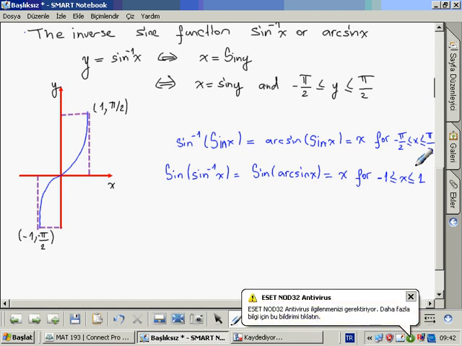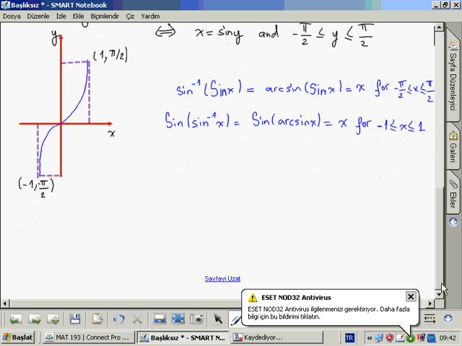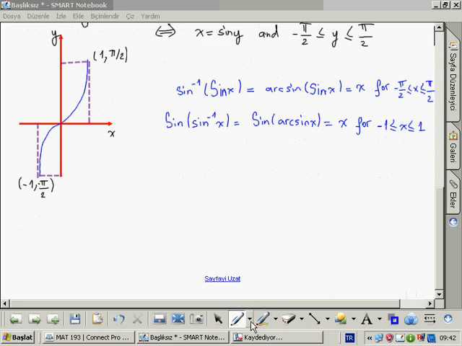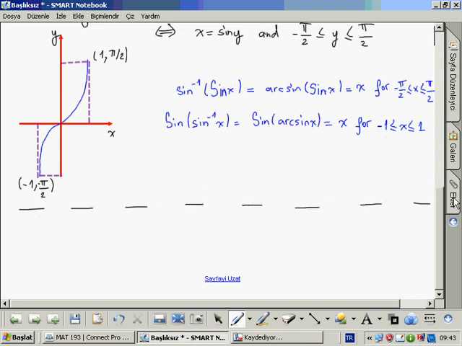And now what can we say about this inverse sine function? Let me continue. For example, we know that sine 0 equals 0, so we can say that 0 equals inverse sine 0.